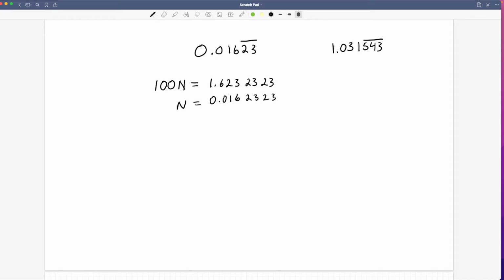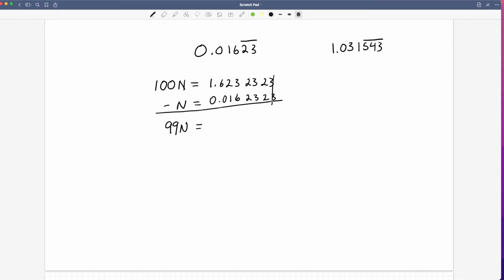If we subtract these from one another, 100n minus n, we'd have 99n is equal to, and you see how these are lined up perfectly to subtract.